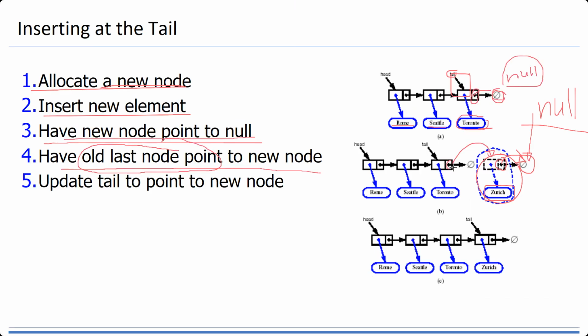So this next pointer will be updated to the new node. So update the tail to point to the new node. Update the pointer, this one, to the new node, which is Zurich. Then we have a new tail, which is Zurich.